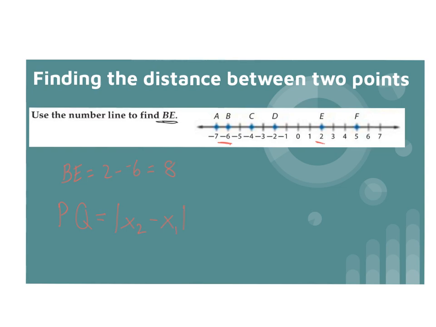So go ahead and put this formula into your glossary for the distance formula on a number line. So when we're finding the distance on collinear points, which is what we learned about here.